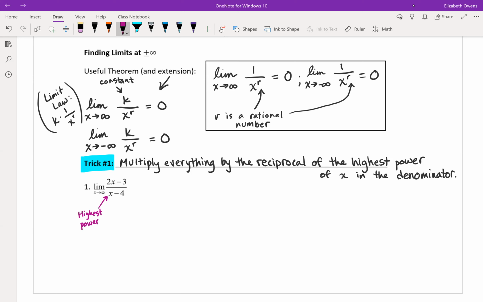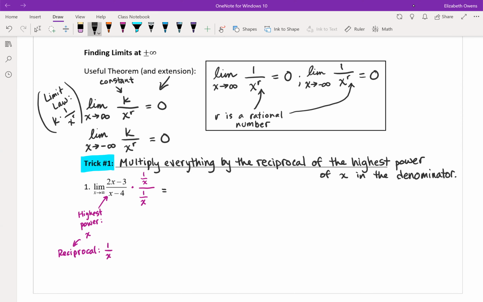The reciprocal means flip that fraction over, so the reciprocal is 1 over x. So we multiply everything in this entire function by 1 over x, in both the numerator and the denominator.